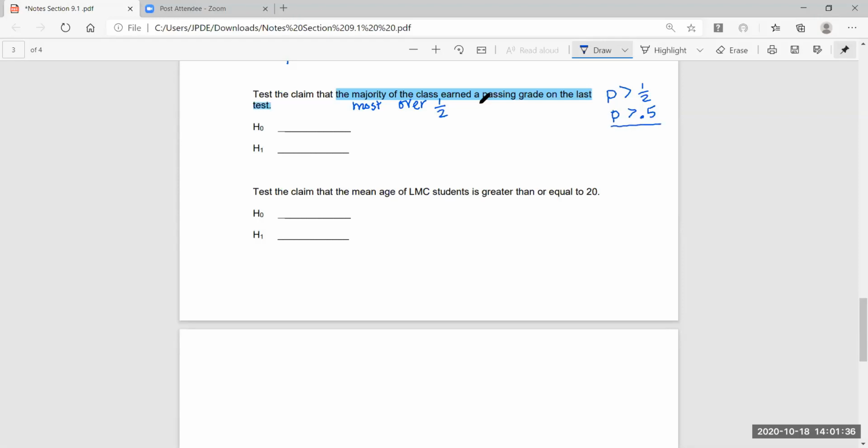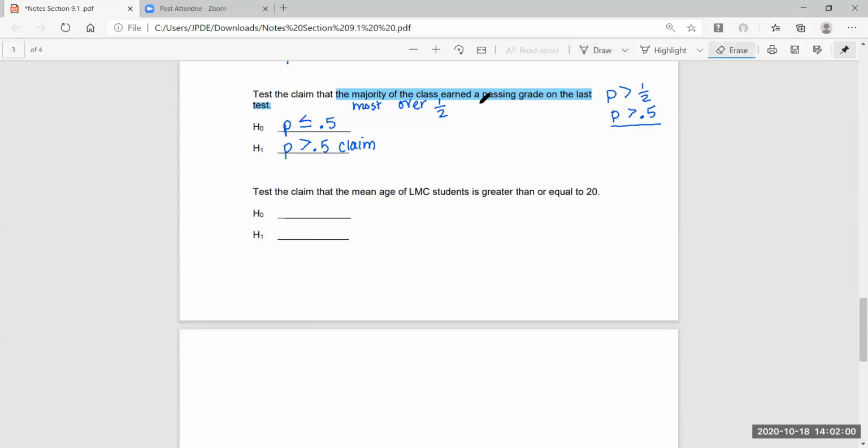Greater than does not have an equal in there, so it goes in the alternative hypothesis. And this is our claim. Up here, again, if it's not greater than, it would be less than or equal to 0.5. Now, if you want, you can leave it like that.